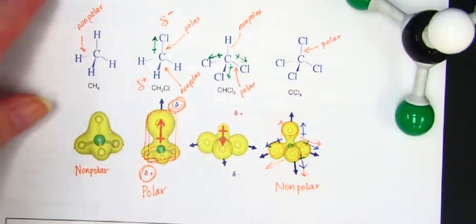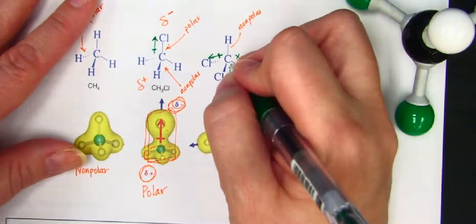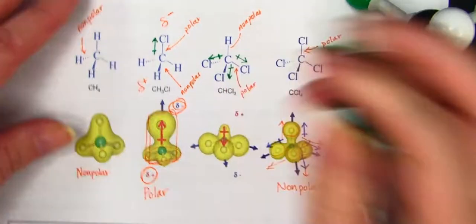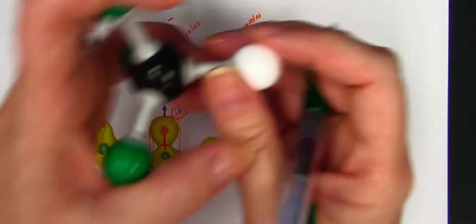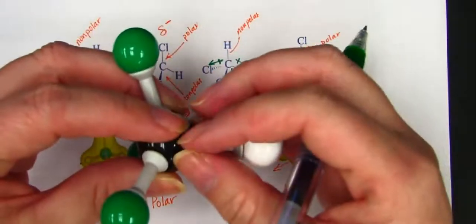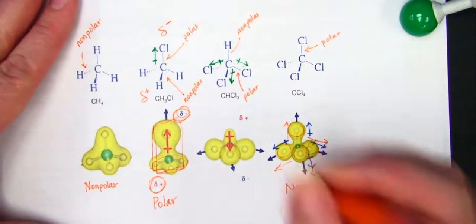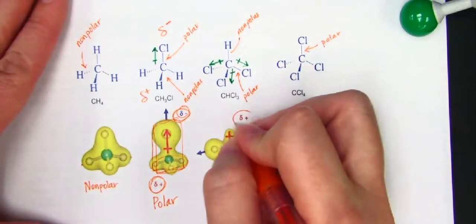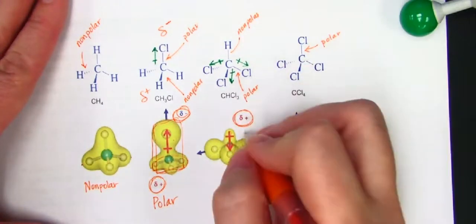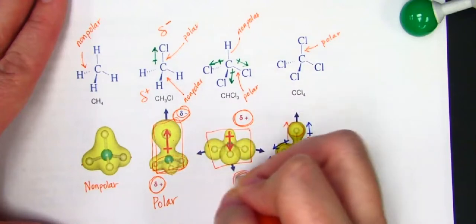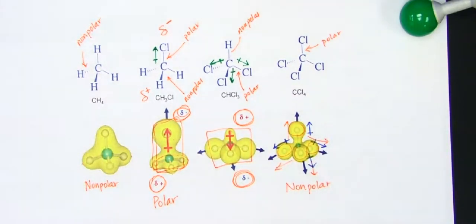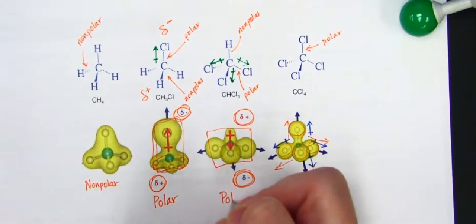So in this instance, again, it's unequal pulling of the electrons. The chlorines are all pulling downwards, but my hydrogen is not pulling equally upwards. And so I will again end up with a positive part of my entire molecule and a negative part of it. So this molecule is polar.